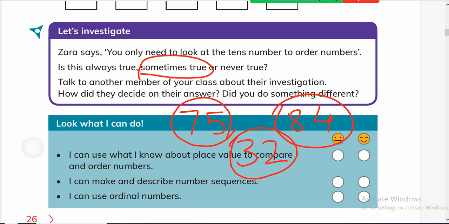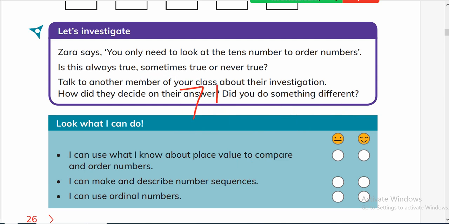But when we have numbers like 74, 78 and 36, then how will you compare? Then you have to see the ones side as well. So whatever Zara is saying can be true sometimes, not always.